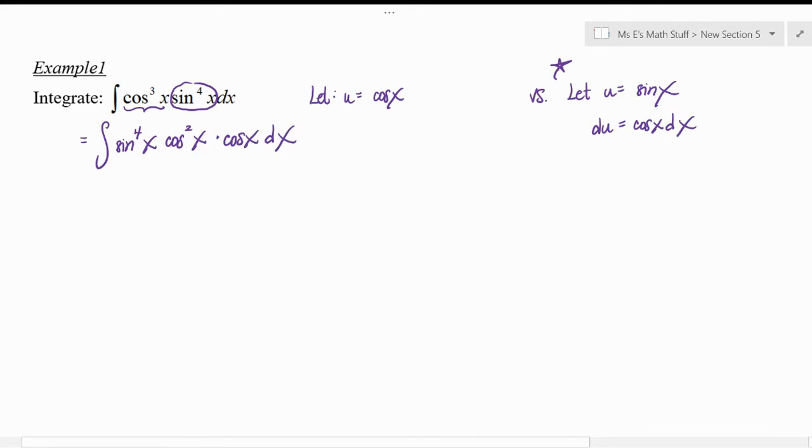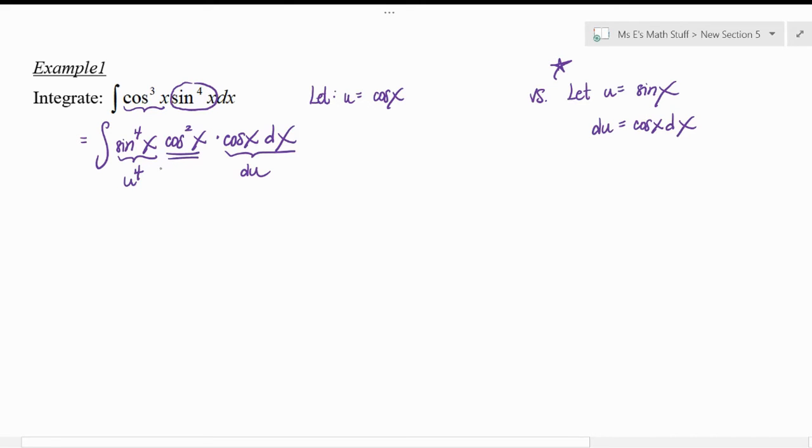And why did you do that? Because you wanted to make sure that you had your du there. And then sine to the fourth x is easy to write in terms of u: that's u to the fourth. The reason this version of the u substitution is working so well is because this cosine squared x, which is super inconvenient, can be swapped out using a Pythagorean swap.